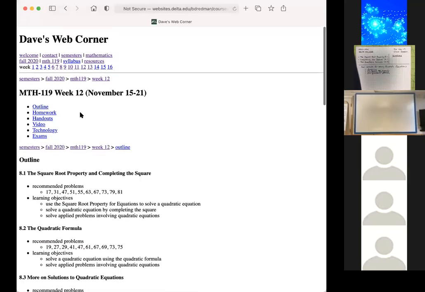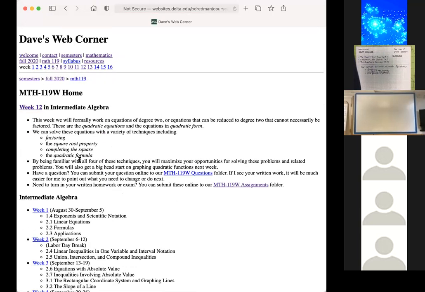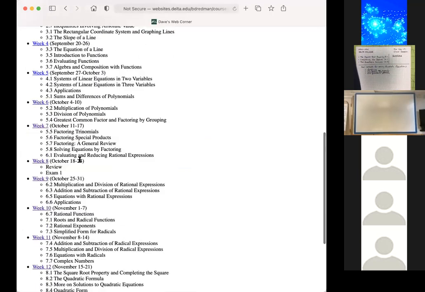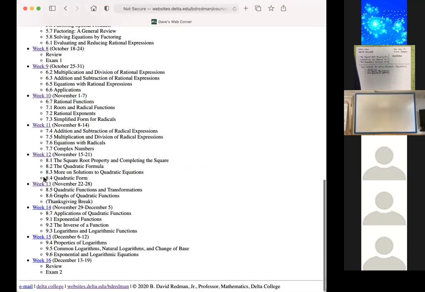Here we are in week 12, and I'll even go back to our base page right here. Week 12, week 13, week 14. Week 13 is November 22 to 28. And Delta College's ordinary schedule, which it'll still maintain this year, is that on Monday and Tuesday, classes meet as normal.